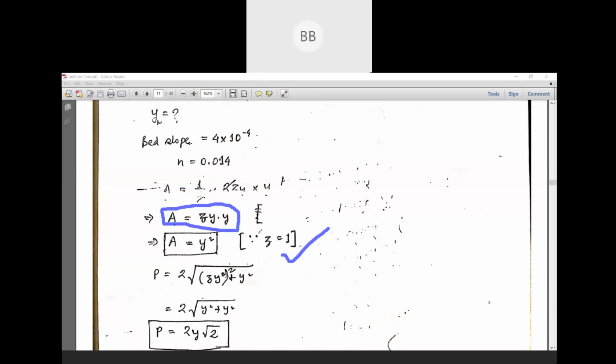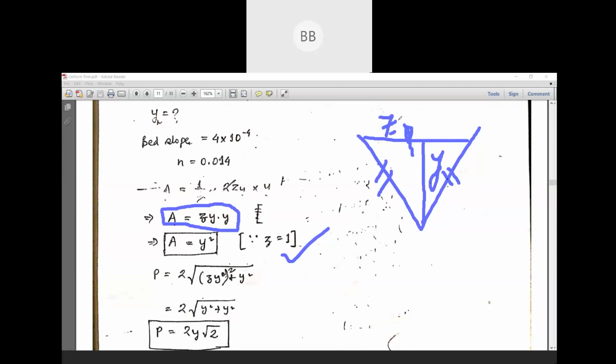Then we try to find out the wetted perimeter. If we consider the triangular channel, if this is your level of water, we consider this side and this side. Like Pythagoras theorem, you find out one side and multiply it by 2 to get the wetted perimeter. The depth of flow is not known to us, so this side is zy.